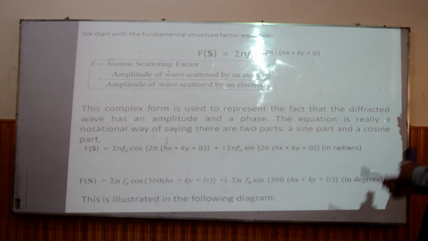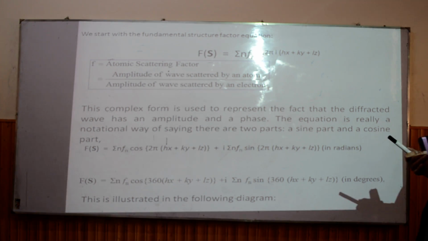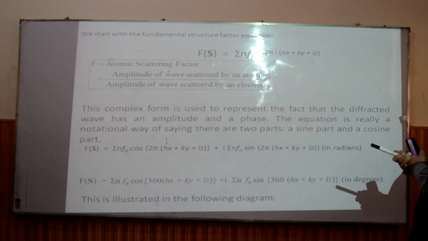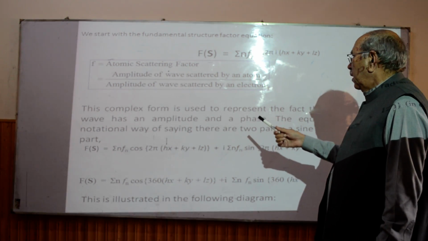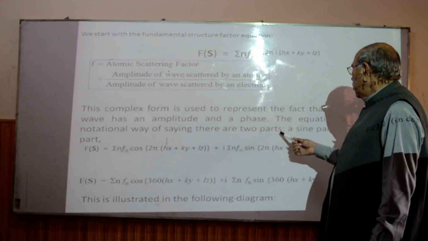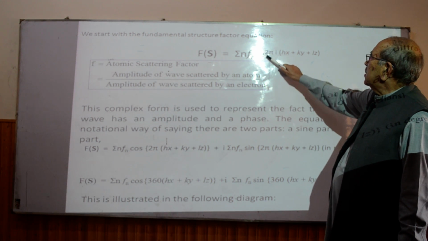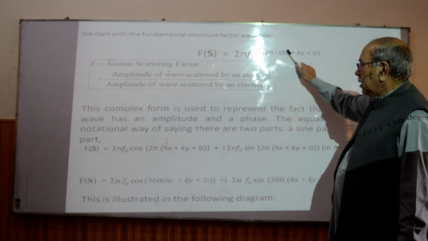This complex form is used to represent the fact that the diffracted wave has an amplitude and a phase. The equation is really a notational way of saying that there are two parts, a sine part and a cosine part, because this can be explained as cos theta plus iota sine theta.